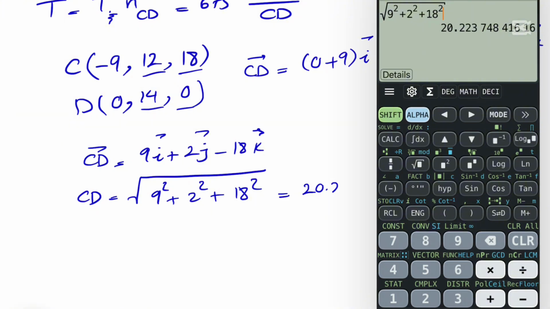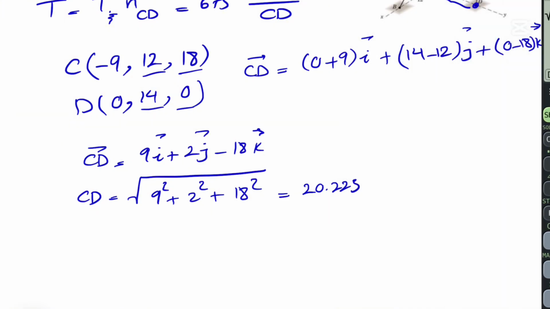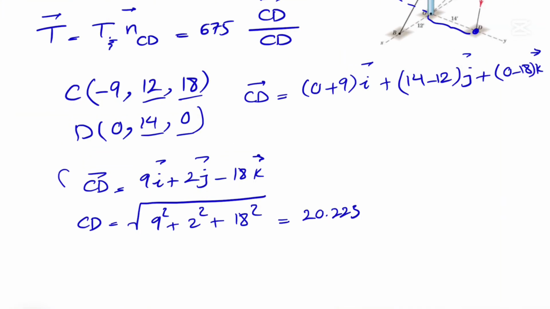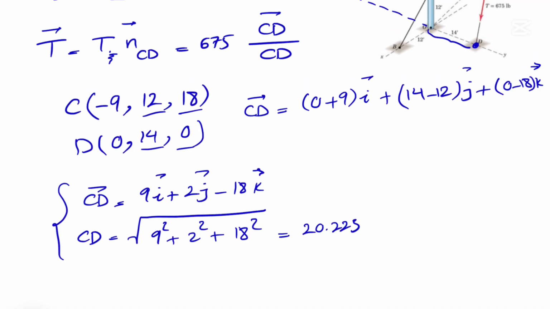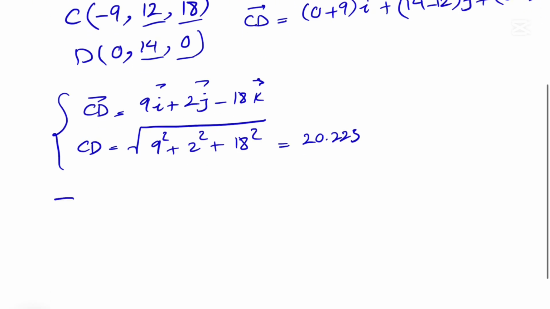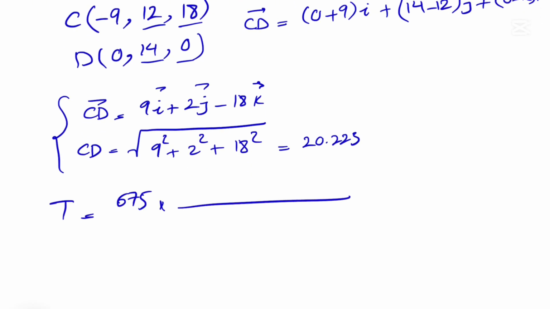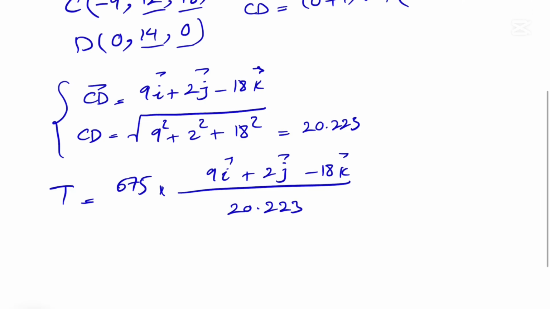That's going to be 20.223. Now that we have both CD in a vector format and the magnitude, we should be good to find our T. So T is 675 over 20.223 times 9i plus 2j minus 18k. So that's pretty much our T.